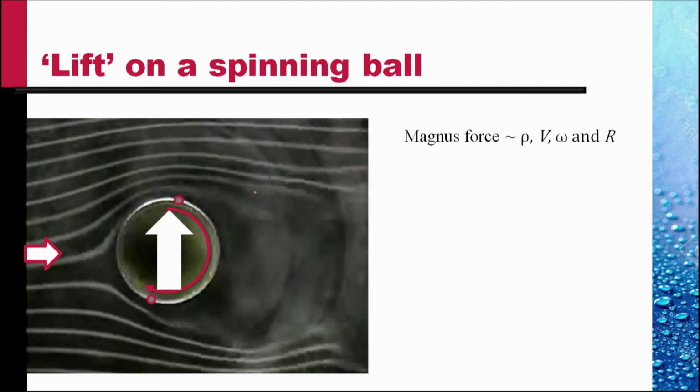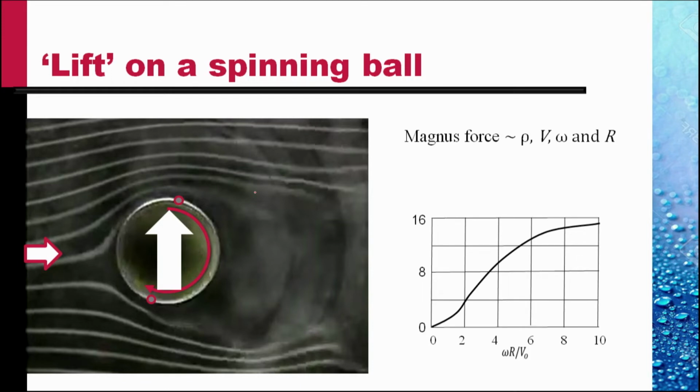This is nothing but what is known as the Magnus force, which was discussed earlier in the chapter on inviscid flow. This is the flow on a spinning ball, and it depends upon the density of the fluid, the velocity with which the ball is moving, the angular velocity of the ball, and the radius of the ball.